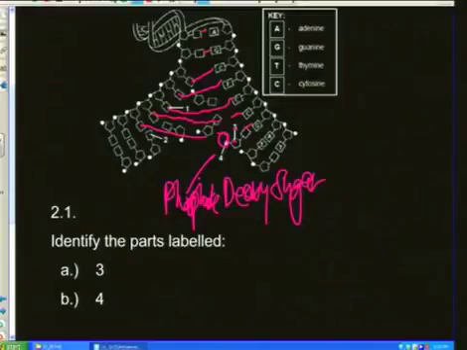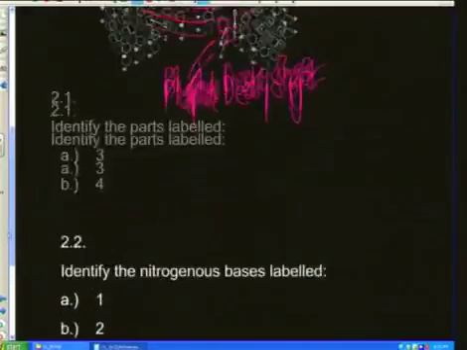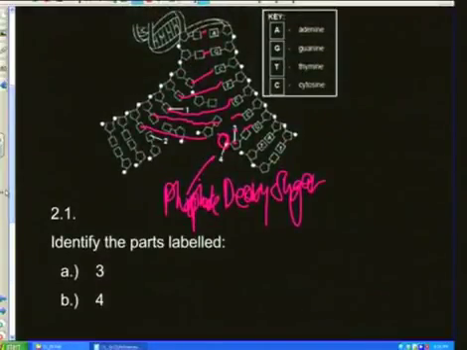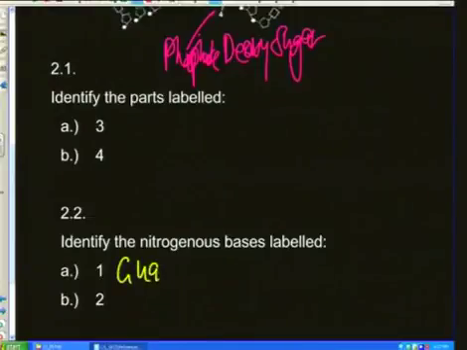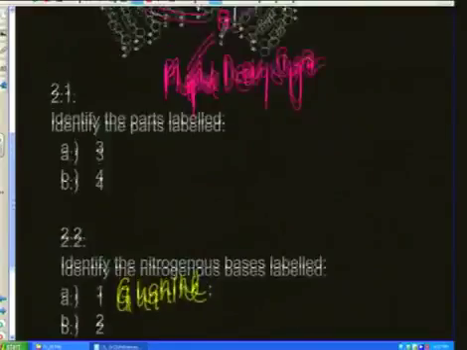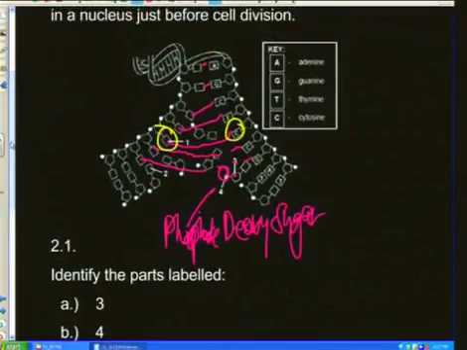So what was on the other side of number 1 and number 2? Let's look for number 1. Number 1 is this one here. So where did it come from? It was combined originally to that guy. So nitrogenous base number 1 would have to be guanine, combining with the C. Okay, number 2, here's number 2.